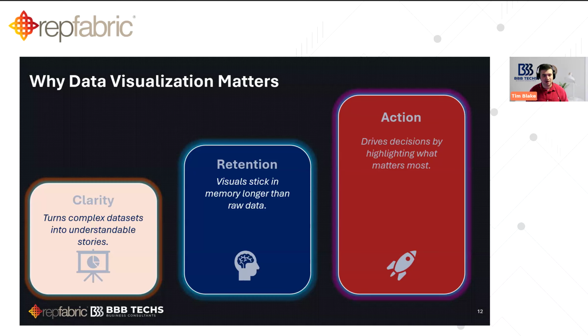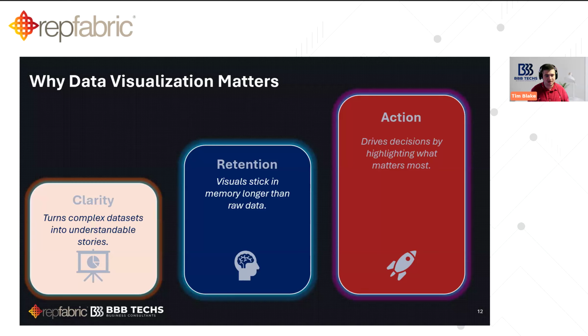Second is retention. After clarity, people remember visuals far better than they remember numbers on a page. If you're a rep walking into a line review, you want your manufacturer to walk away remembering the charts that showed how you're growing in their market share, not just another spreadsheet about information they probably won't remember tomorrow. And finally, you have action.